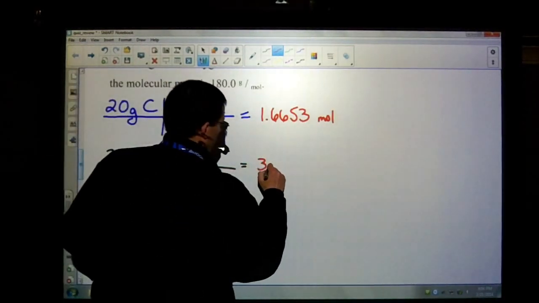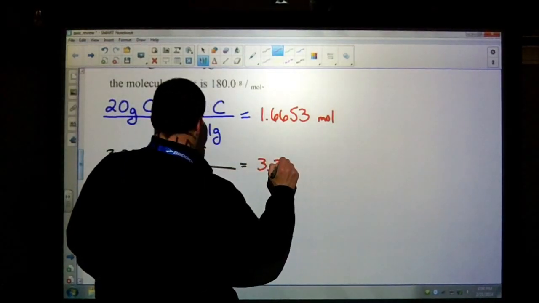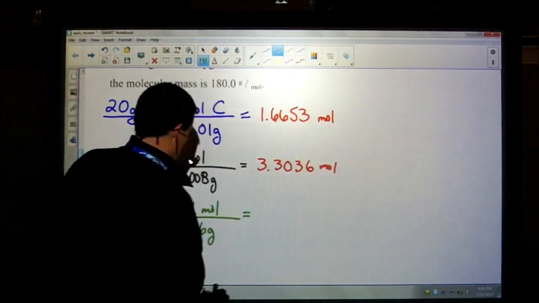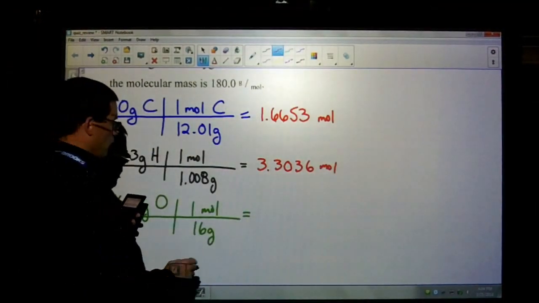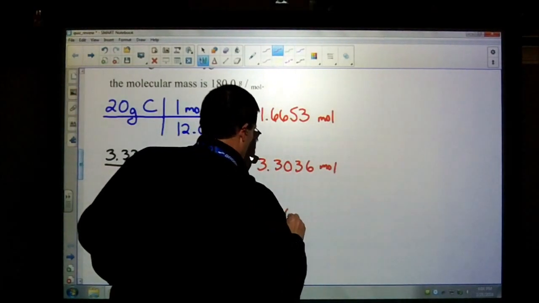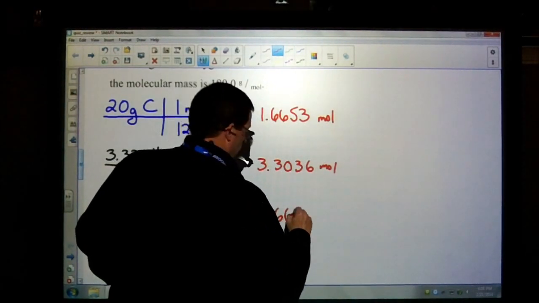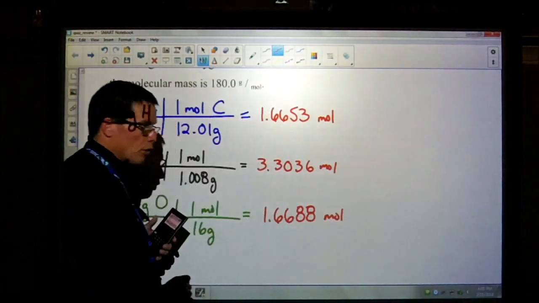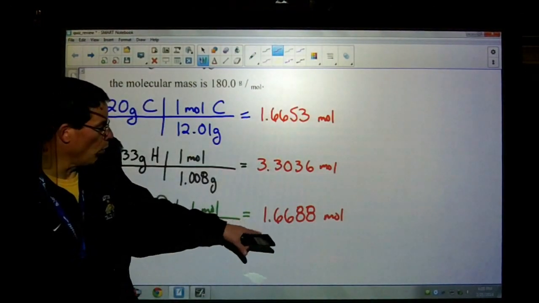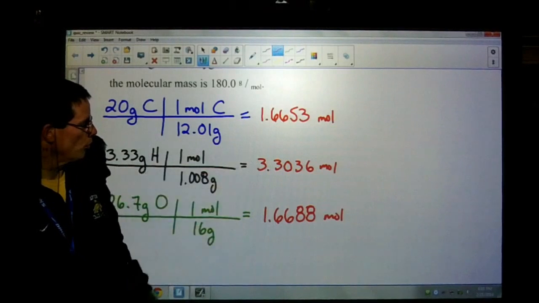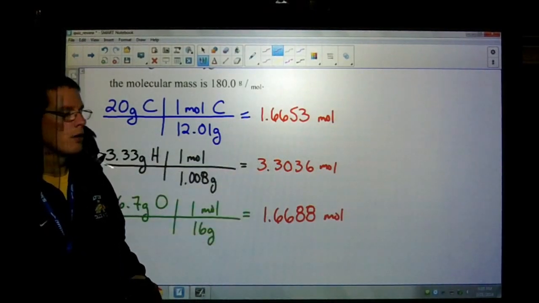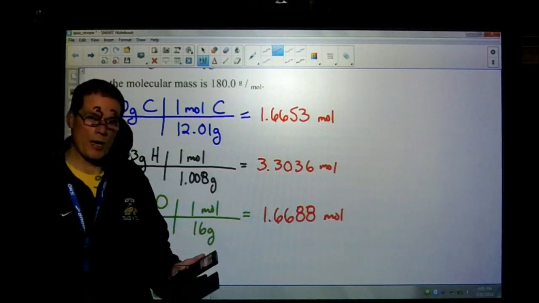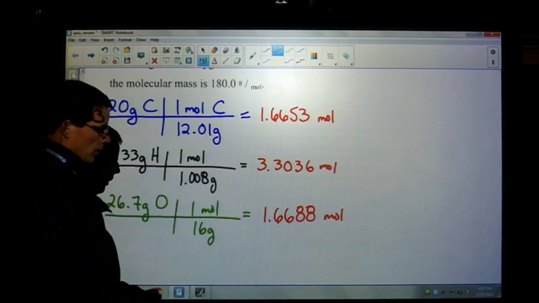This is 3.3036. And the last one is 1.6688. Again, these are still moles, so you're not changing that to 1 2/3, you're not changing that to 1 2/3, you're not changing that to 3 1/3. We want to find out what is the smallest number ratio of moles before we do anything.